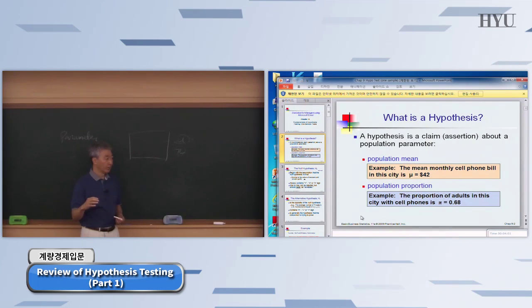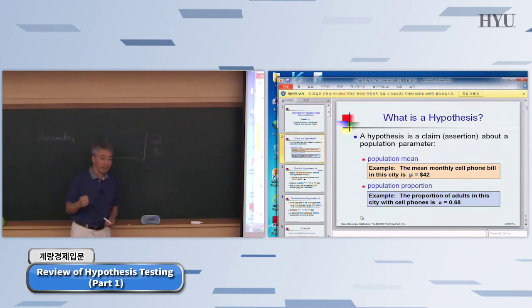First of all, it's going to be very time-consuming, and it's very costly. And sometimes it's just not possible. How do you locate every male student in Hanyang University?